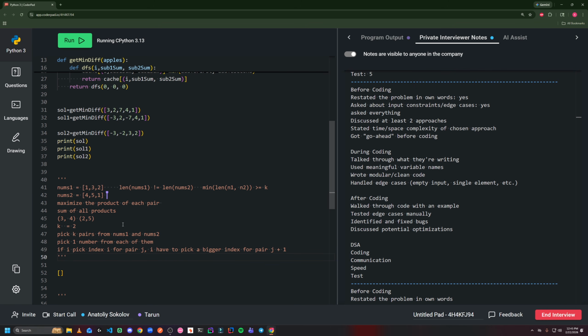Length of numbers. I need to maximize the product. So 1 3 2 4 5 1. If I choose 1, we have 4.